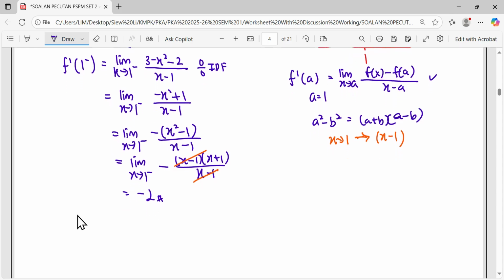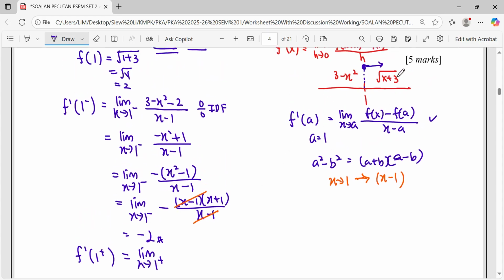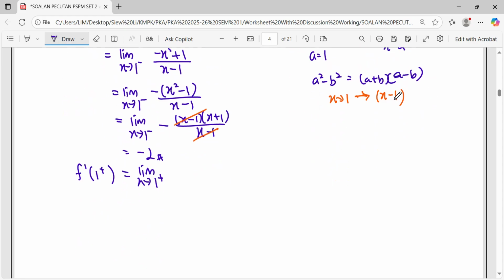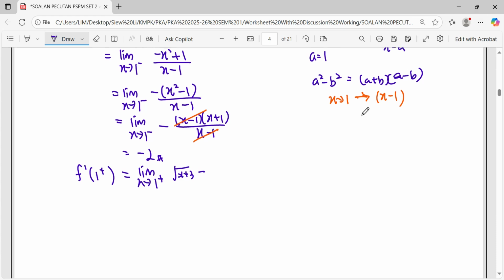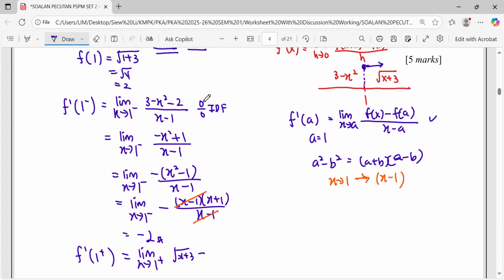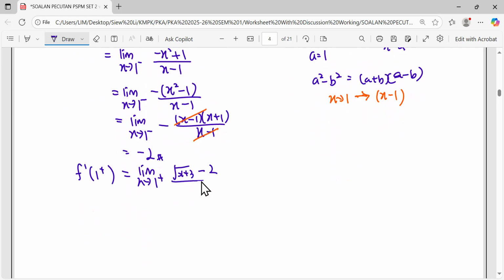Then we go on to the right hand side: the limit as x approaches 1 from the right hand side. The function is using square root of x plus 3, minus the coordinate we found just now, f(1) is 2, over x minus 1. So we do it again for the limit at the point.